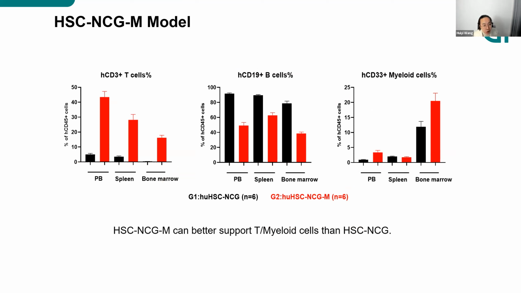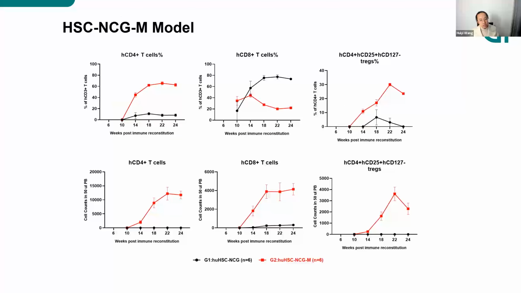But there is a decline of CD19 positive B cells, which is acceptable because in human peripheral blood the percentage of CD19 positive B cells is around 14 to 16 percent. And as we can see, there is a much higher development of Tregs compared to the NCG mice.